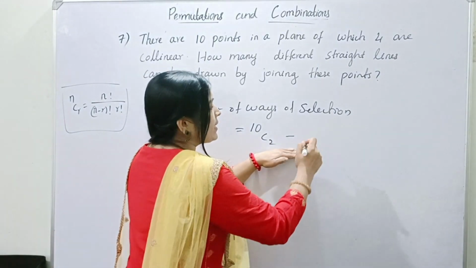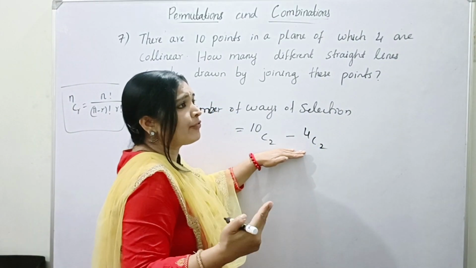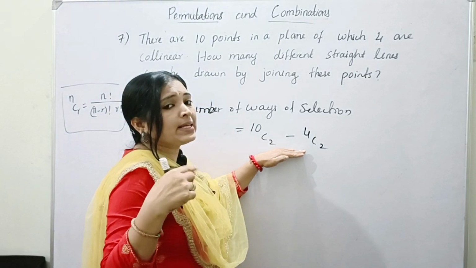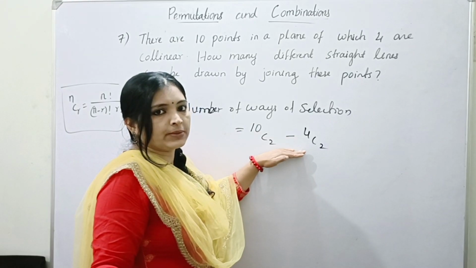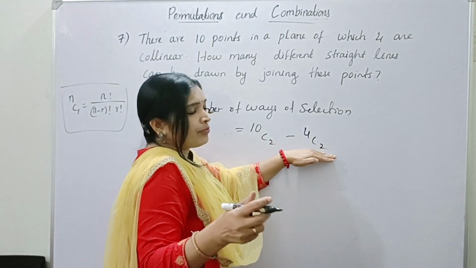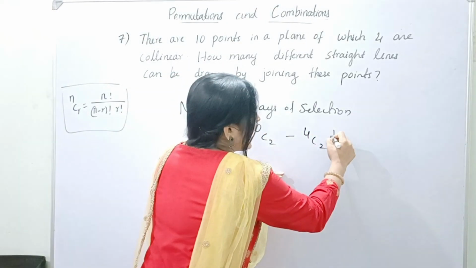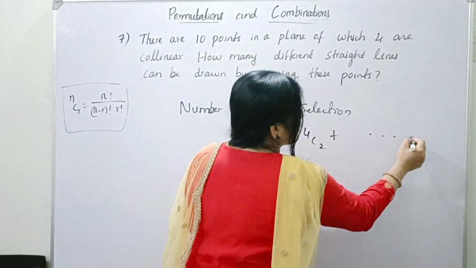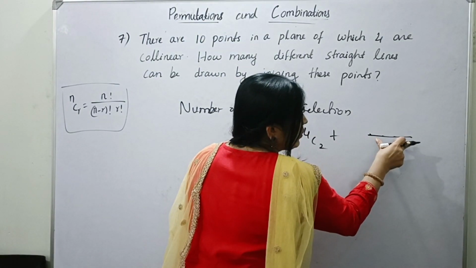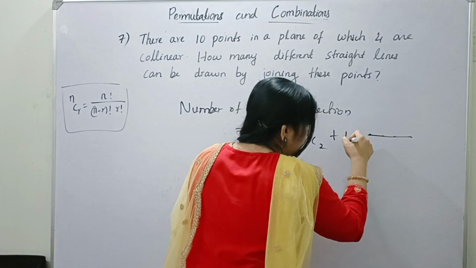So we will subtract 4C2. What is the number of ways of selecting 2 points out of 4 points? That we have to subtract from this total, plus that one straight line from the collinear points. So that straight line, plus 1.